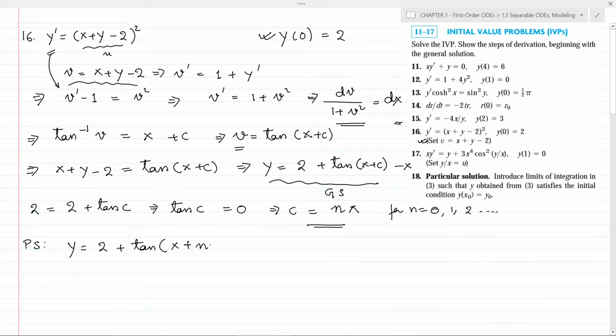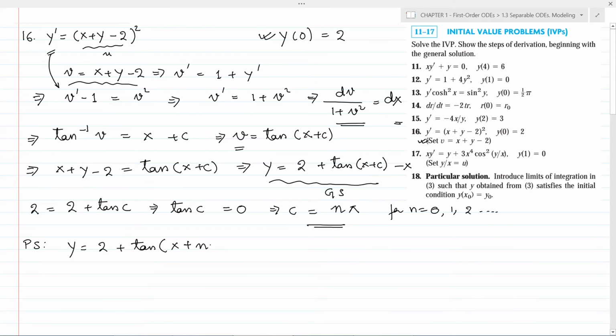Problem 17. x y' = y + 3x⁴ cos²(y/x). The initial value condition given is y(1) = 0.